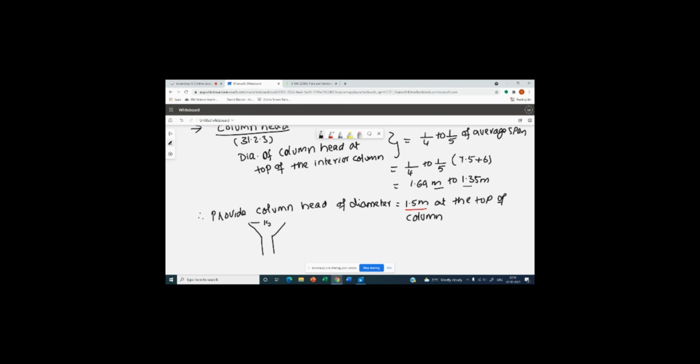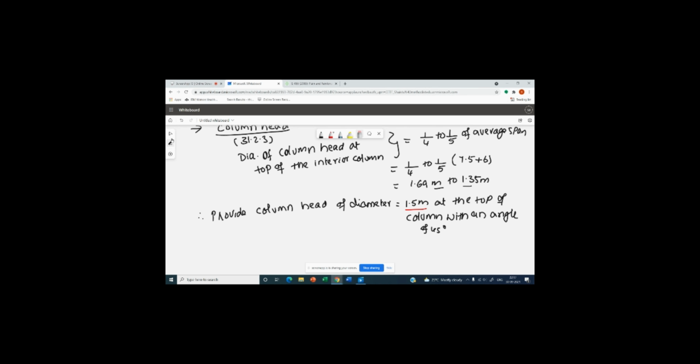When you are flaring it up, the angle should be 45 degrees. So fixing the dimensions of the column head is also completed.